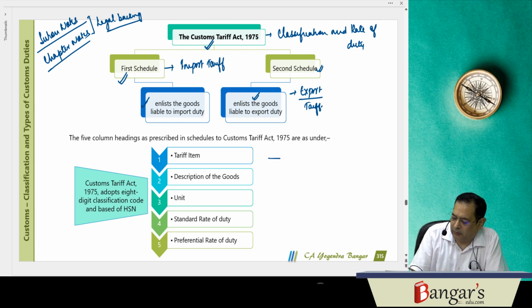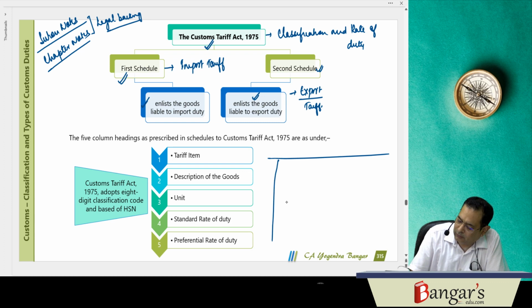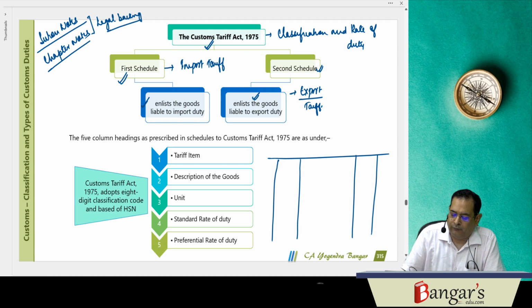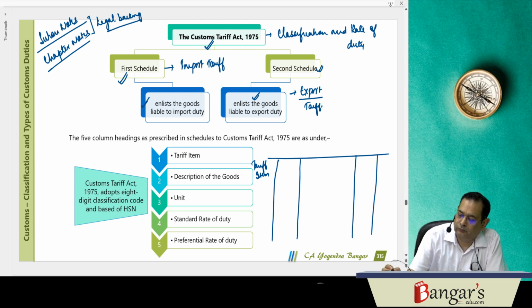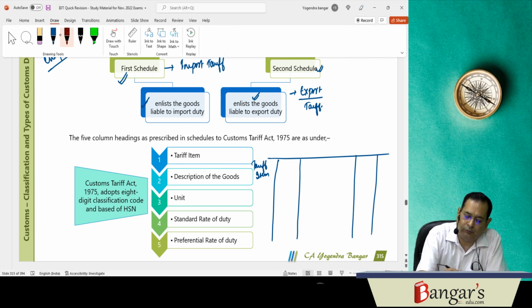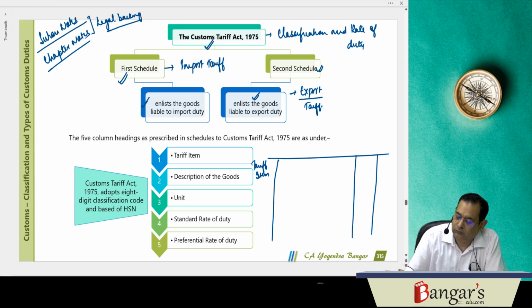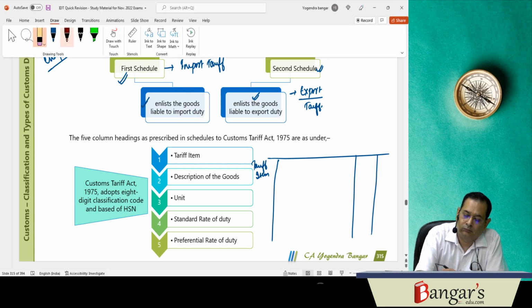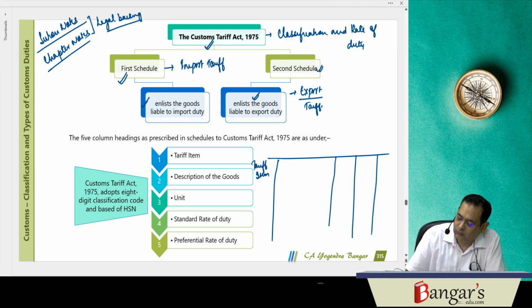Now let us see what are the 5 column headings of a particular chapter. In a chapter we have chapter notes, then there are 5 columns. The first column is of tariff item. The second column is description of goods.